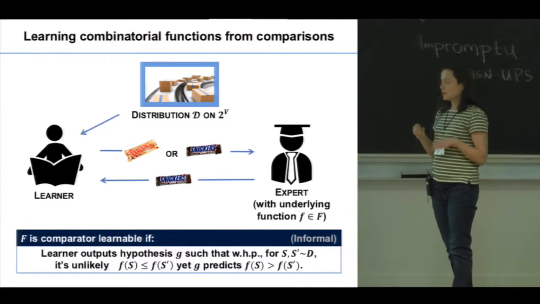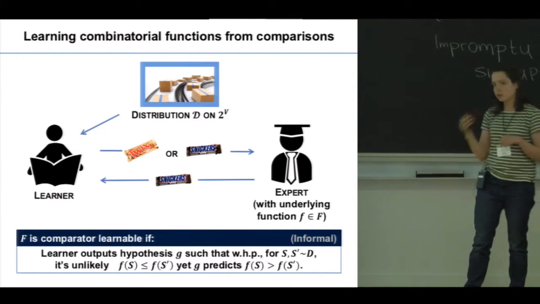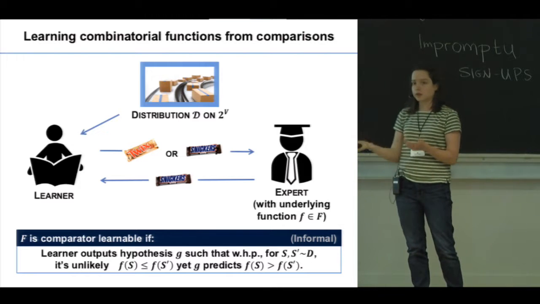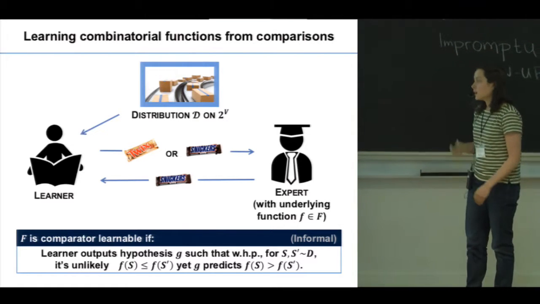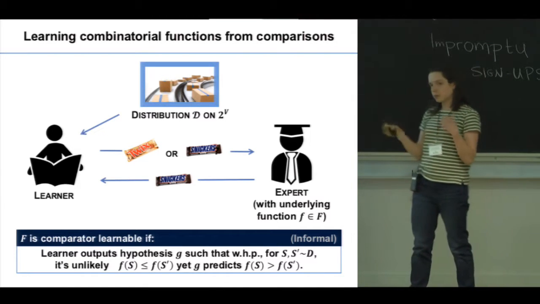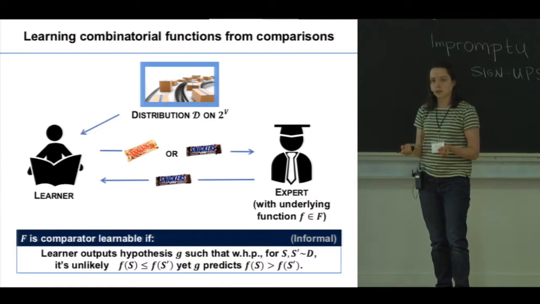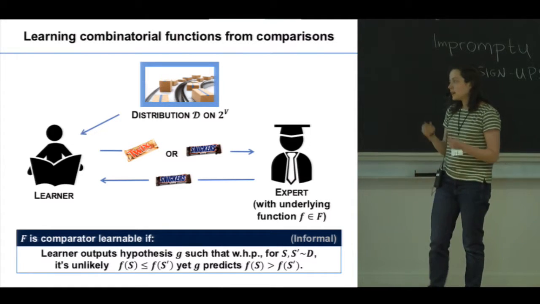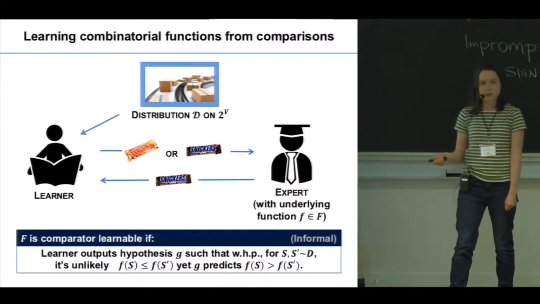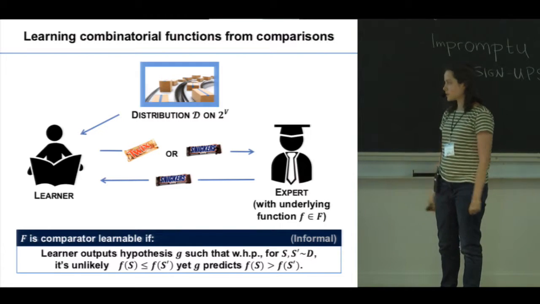And then we say, just informally, that f is comparator learnable if the learner, after interacting with the oracle for some fixed number of steps, outputs a hypothesis function g such that with high probability, on two random subsets S and S prime drawn from the distribution, it's unlikely that the value of the first set is less than the value of the second set, yet g incorrectly predicts otherwise.